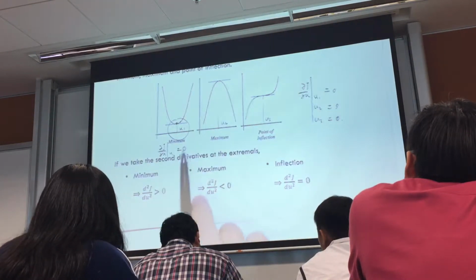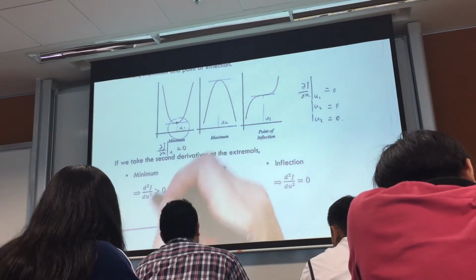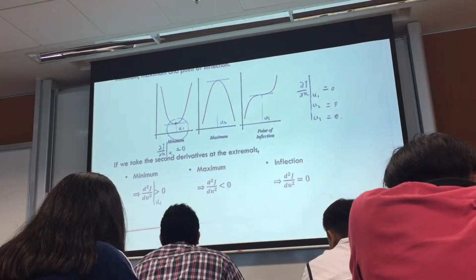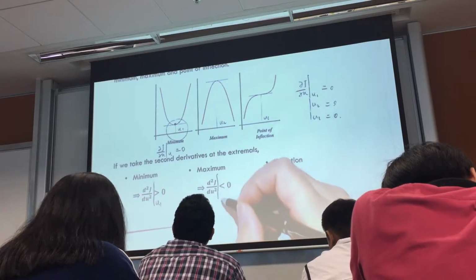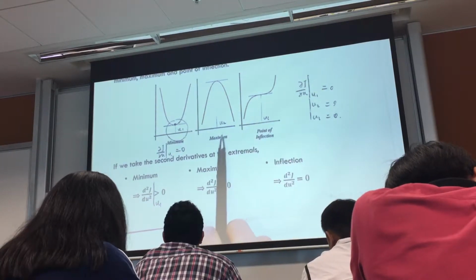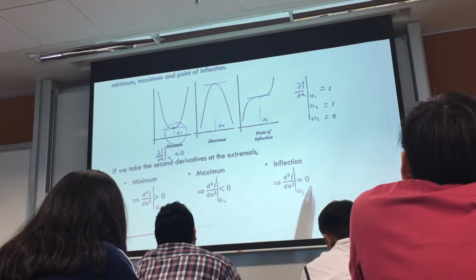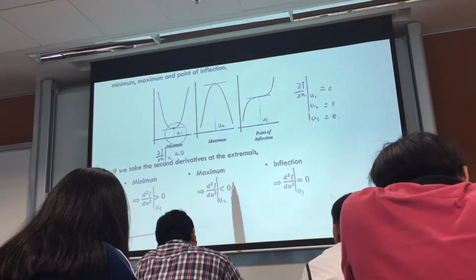However, if we calculate the second derivative, we will find that d squared J/du squared for u1 is greater than 0, for u2 is smaller than 0, and for u3 is equal to 0. So in this way, we can distinguish.